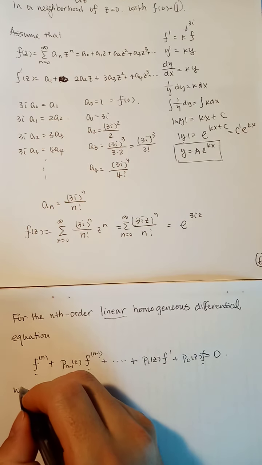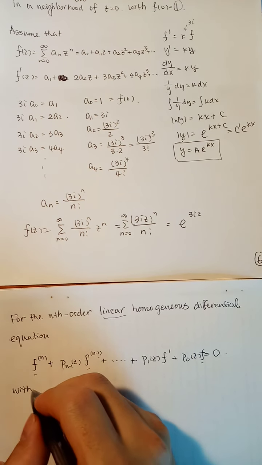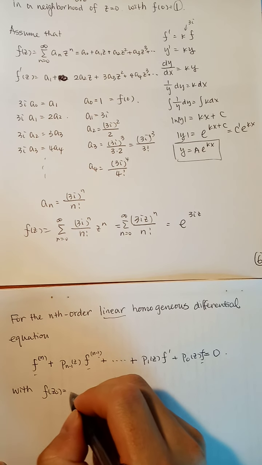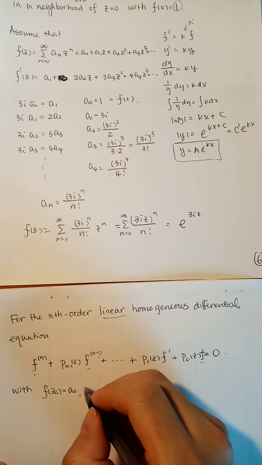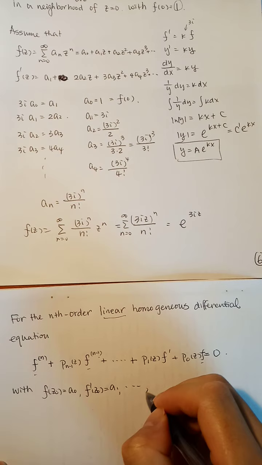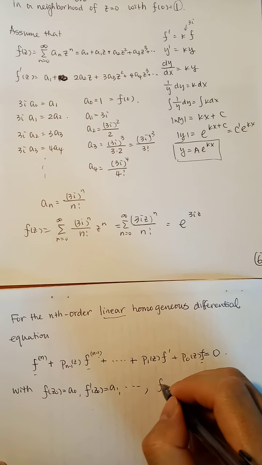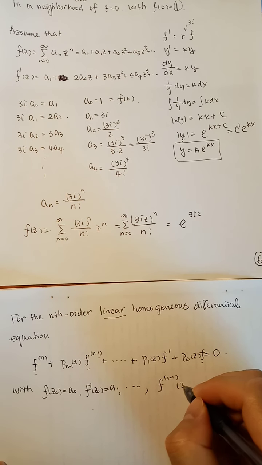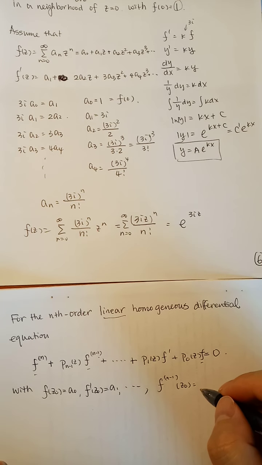with the condition f of z0 equal to a0, f prime of z0 equal to a1, and f^(n-1) of z0 is equal to a_(n-1).